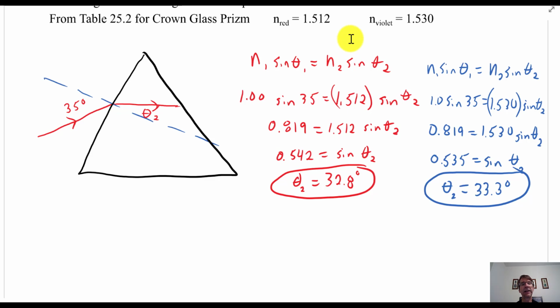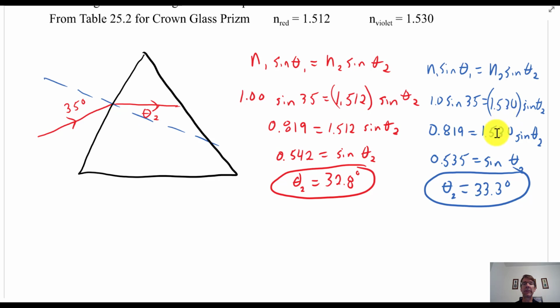But for red, the index of refraction is 1.512, so n1, which is air, times sine of 35, that was given in the problem, the angle of incidence, equals 1.512 times sine theta 2. You solve that all out, take the inverse sine for the last step, you get theta 2 for red. Red gets bent that much. That's how close it is to this normal that I have over here. That's the angle with reference to the normal inside the prism.